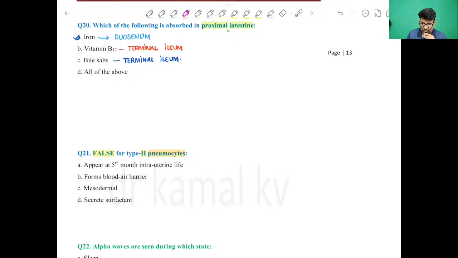Now before that, if we just write pneumocytes, one is type 1 and another is type 2, and I think most of you must be knowing that type 2 is responsible for production of pulmonary surfactant, which keeps the alveoli inflated, and type 1 is actually forming the barrier, right? So it lines the alveoli.